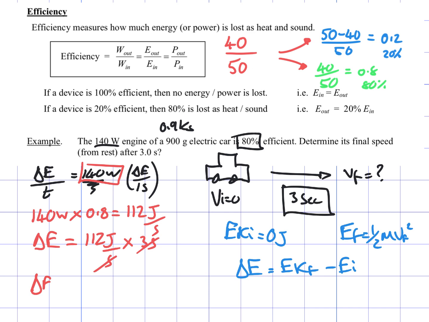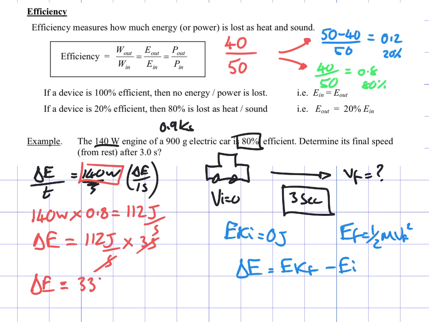So the change in energy that the motor is doing and is making available for the motion of the car, taking into account the heat and the energy loss, that 20% energy loss, is going to be 112 times 3, which is, what is that? 336.